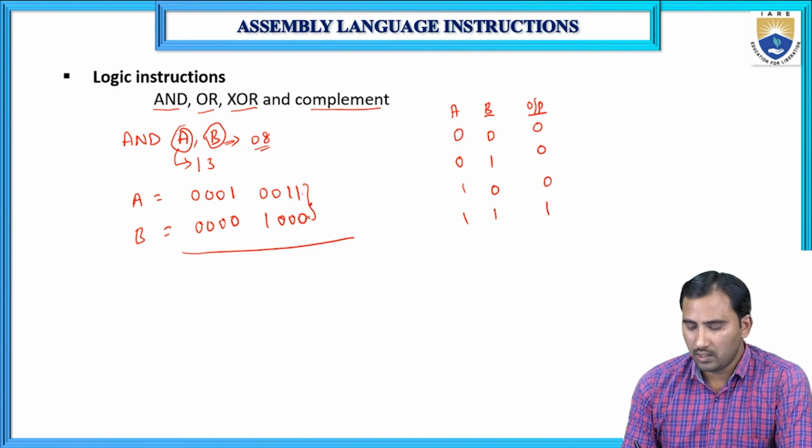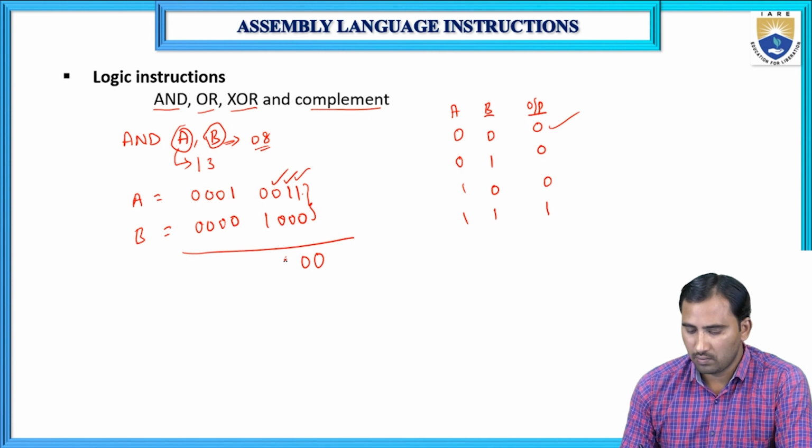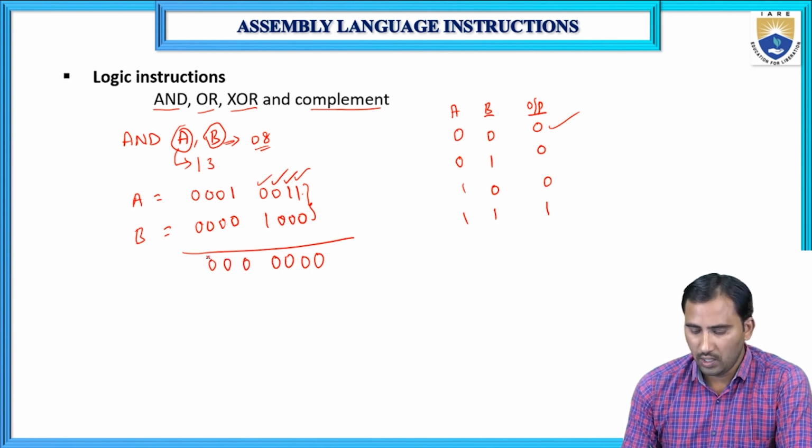1 and 0: we are performing the AND operation between this 1 and 0, so it results in 0. Next we perform it on the second bit, 1 and 0, so 0. Then 0 and 0, the AND operation between the two zeros results in 0.